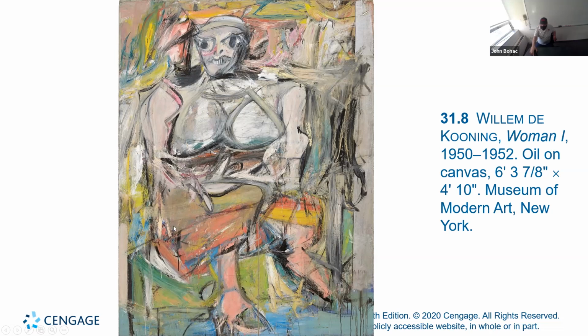And so anyway, de Kooning was a colleague of Jackson Pollock. They were friends. They'd known each other for a couple of decades. De Kooning was painting like this, which is more like expressionism, in part because it has the human figure in it. And the idea of abstract expressionism kind of encompasses both this and Jackson Pollock. There were critics at the time that thought that de Kooning was too retro.